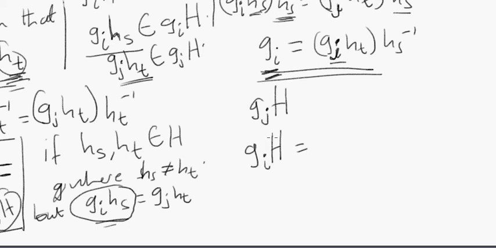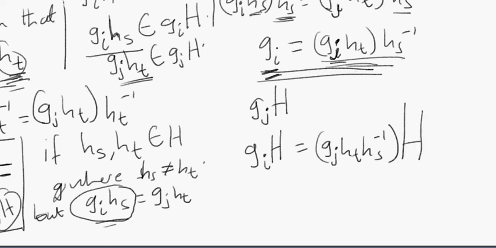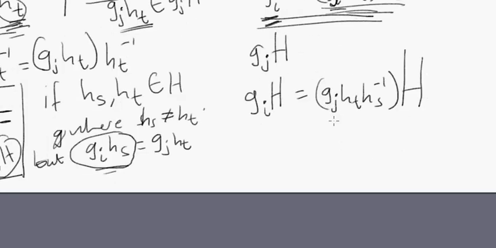So this coset then is the same as GJ HT HS inverse times H, right? That's perfectly legit. We just wrote H really big because this was kind of large. Okay, right, this coset and this coset are the same because GI is the same as this GJ times HT times HS inverse.